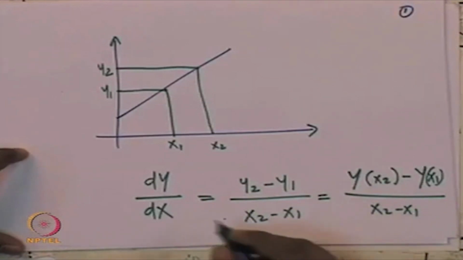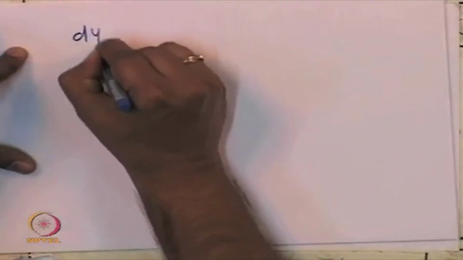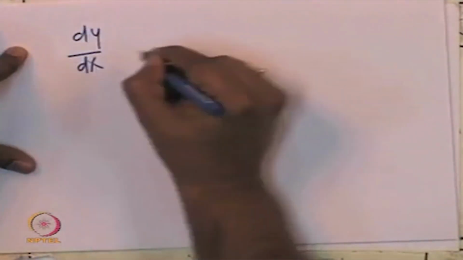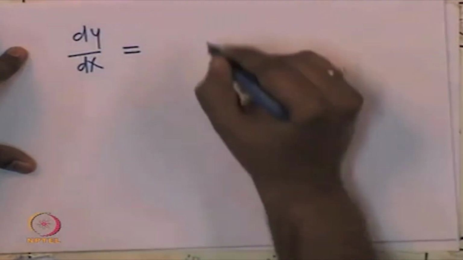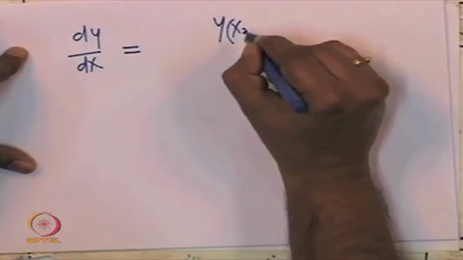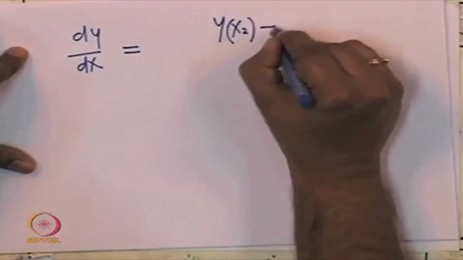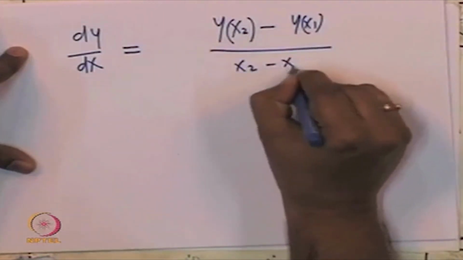Strictly speaking, the definition of dy by dx, let me write it here: dy by dx is equal to y of x2 minus y of x1 divided by x2 minus x1.